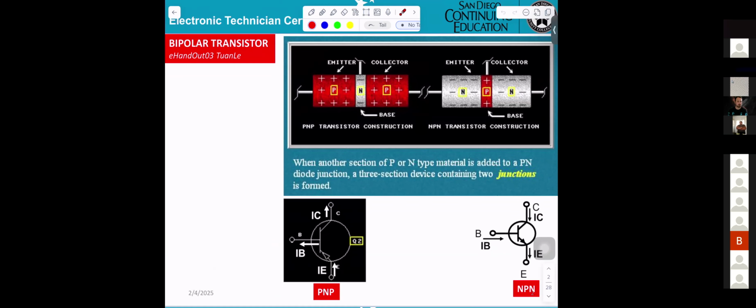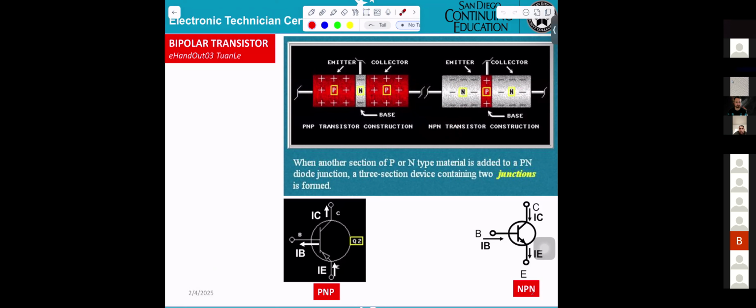Now, if you see that they show you physical for NPN here, basically they get two different, one N side and the other one P side. That only telling you they get two diodes.